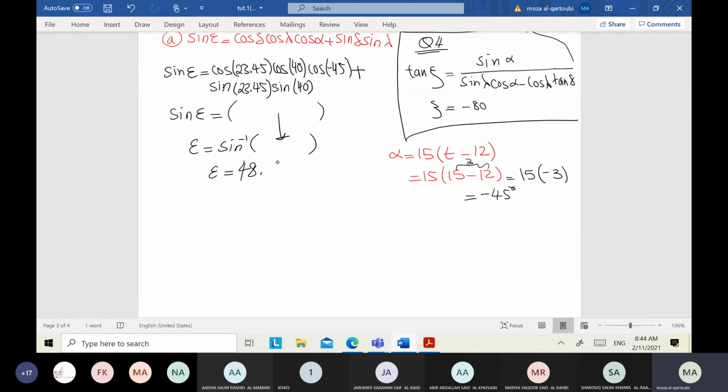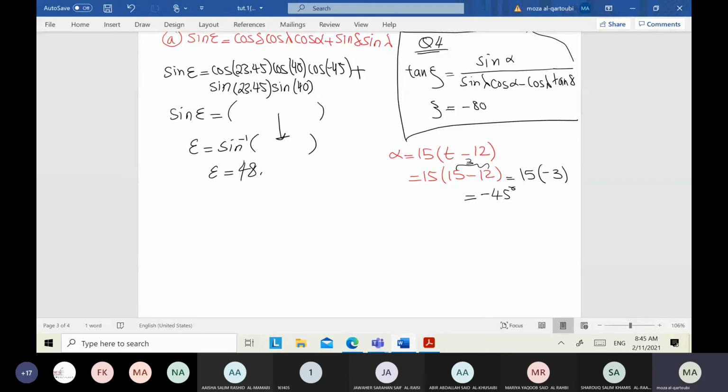Some students will find 48.9, and here I found 48 point something. So 48, this is the angle. Point, okay, it depends on the rounding.